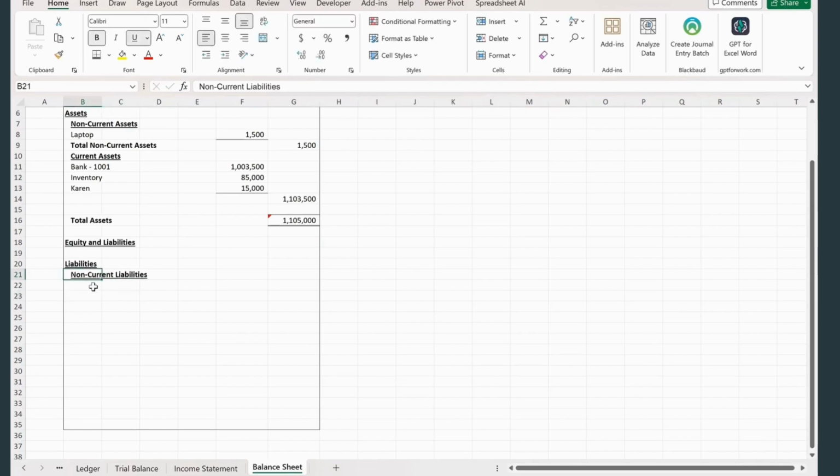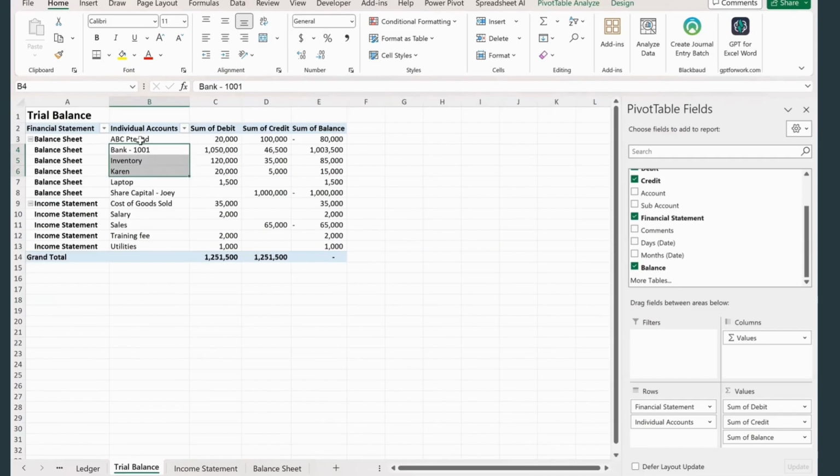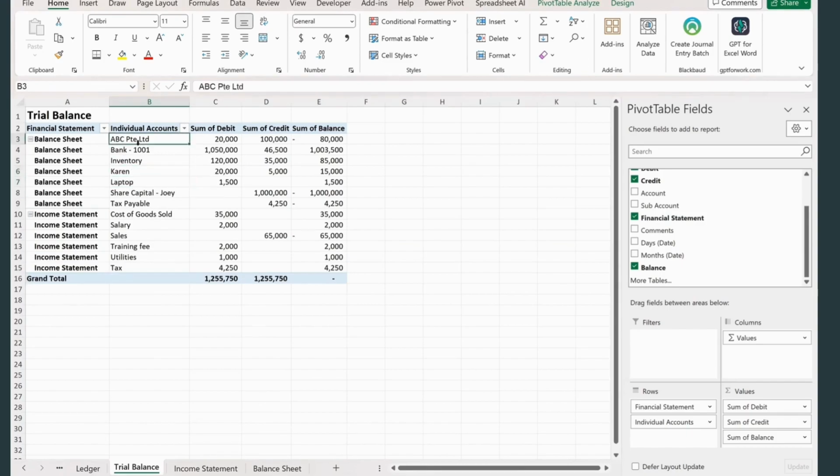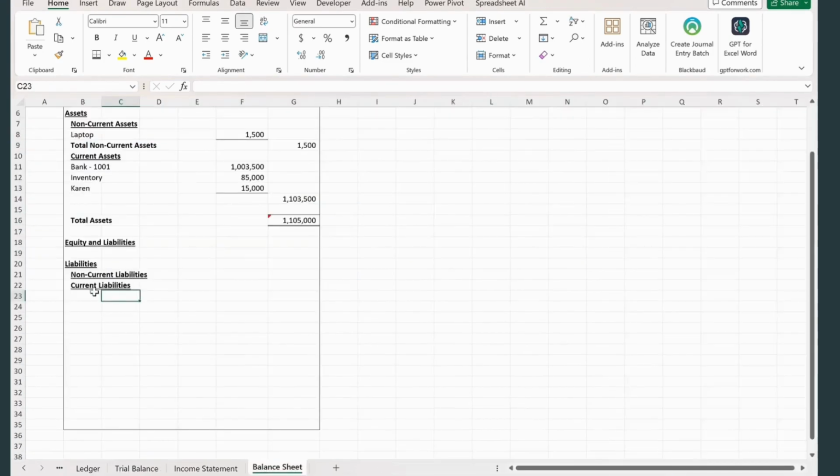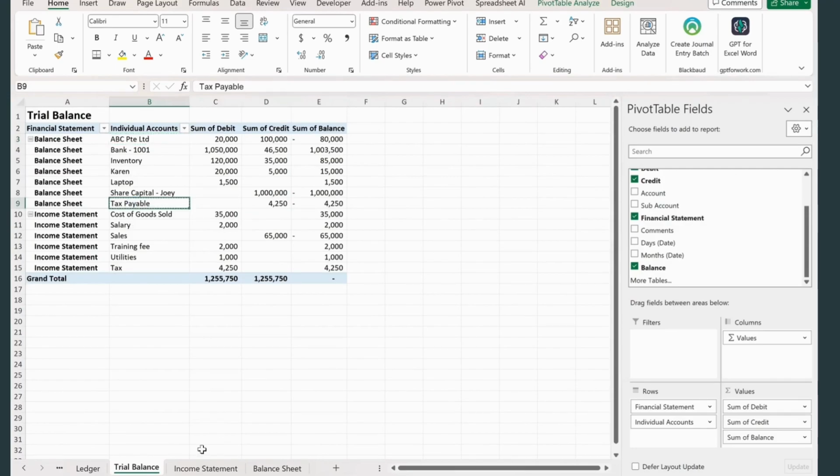Non-current liability. Here is 0. Current liabilities. Go back to our trial balance to see. Here we need to refresh our pivot table because we added one more entry just now.